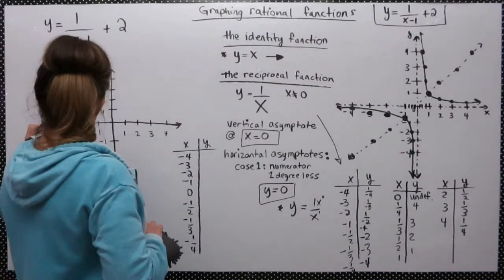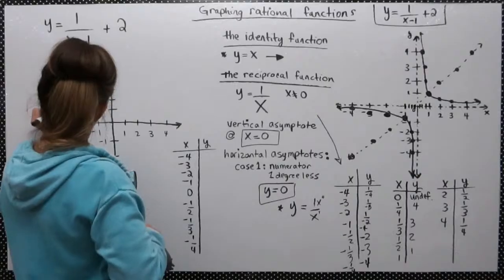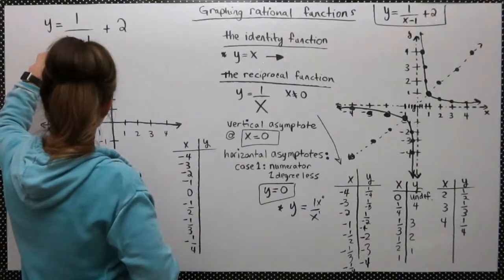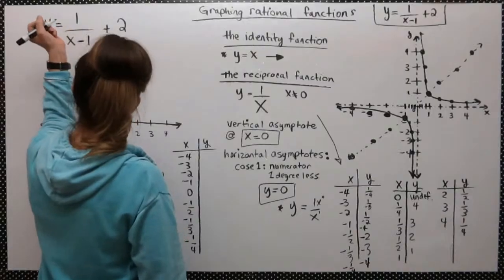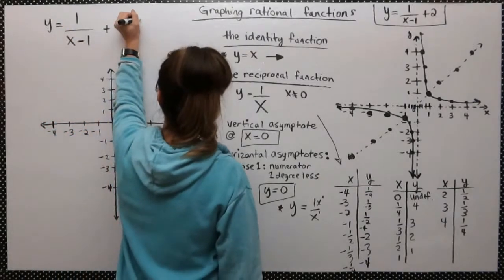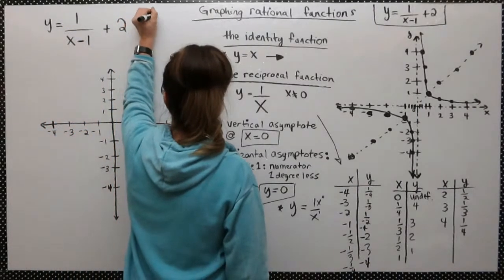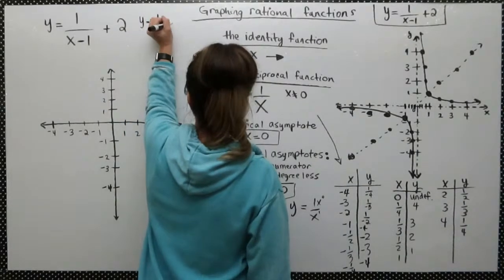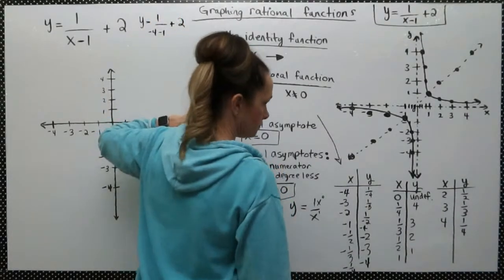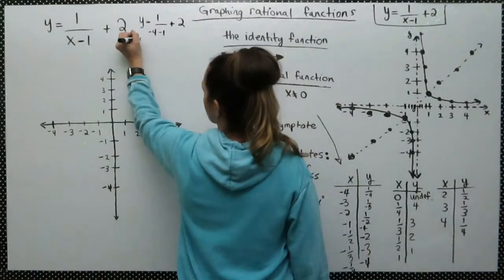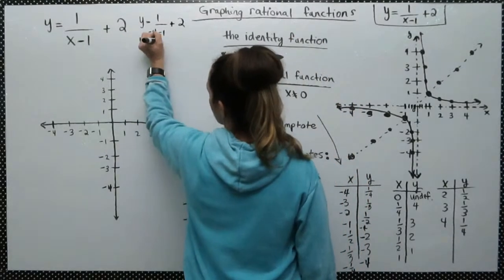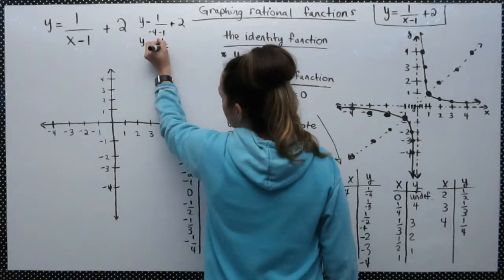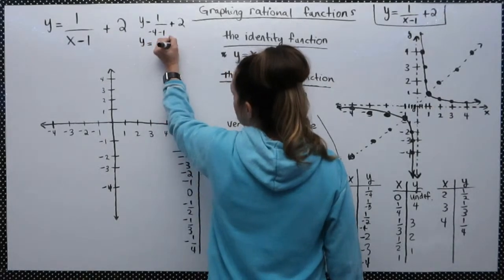We could physically shift those points up and over, or we could just plug -4 into this and evaluate it. I might want to just do that. So we'll say y equals 1 over -4 minus 1, plus 2. And we get y equals 1 over -5, plus 2.